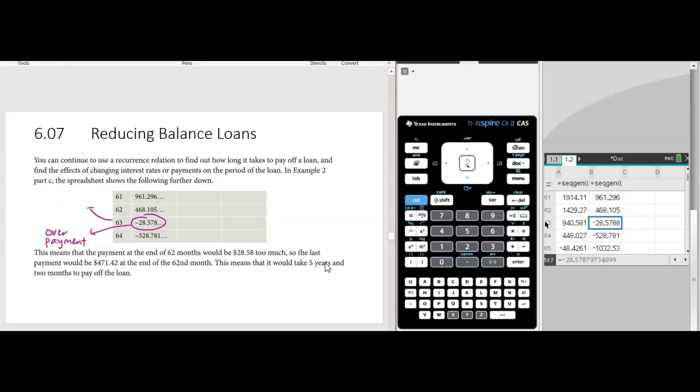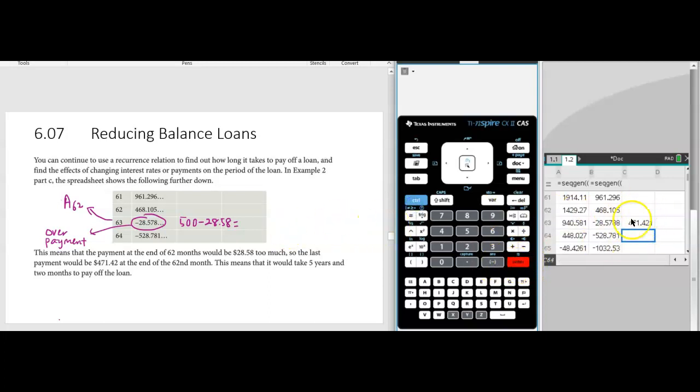Row 63 is the 62nd term, right? So how much is Erica's last payment, minus the overpayment? Using the calculator to find the difference, it equals 500 plus, because it's already negative, the cell value B63. Enter.